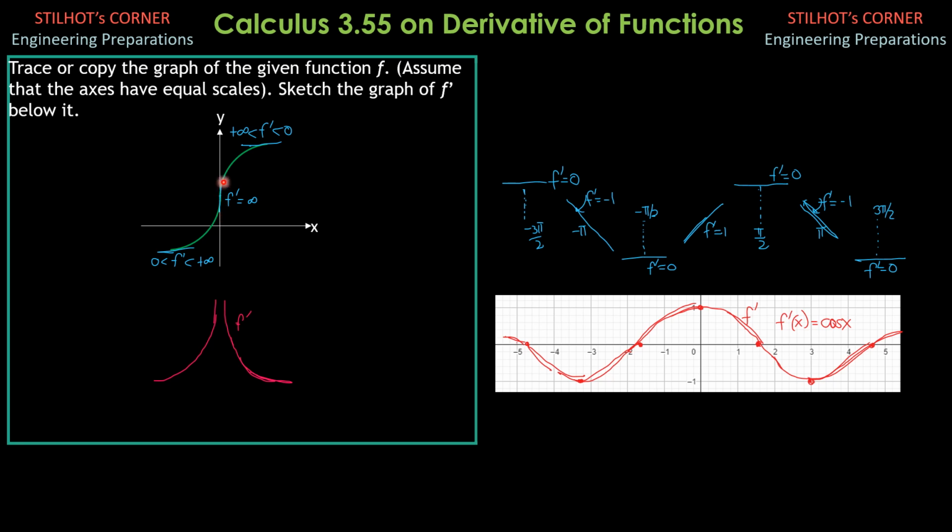So therefore, because the slope is undefined here, f prime is undefined or infinity. It means that the line x equals 0, or the y-axis, is a point of discontinuity. x equals 0 is a point of discontinuity.